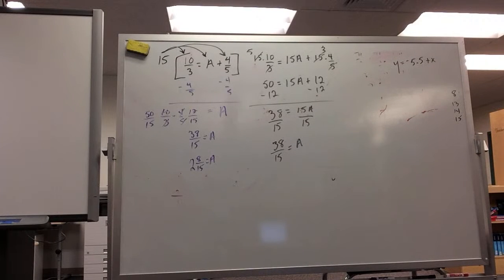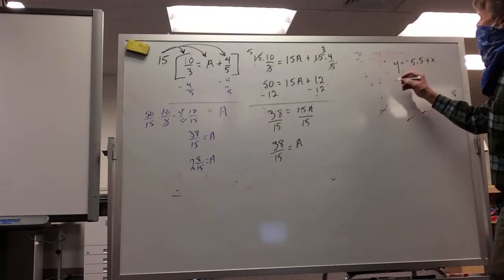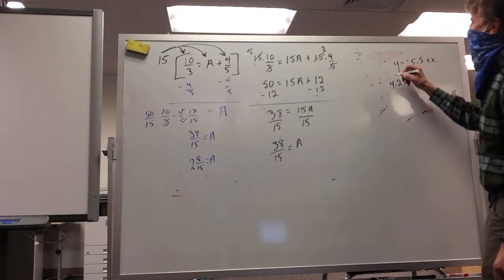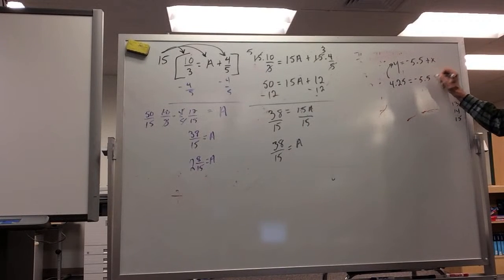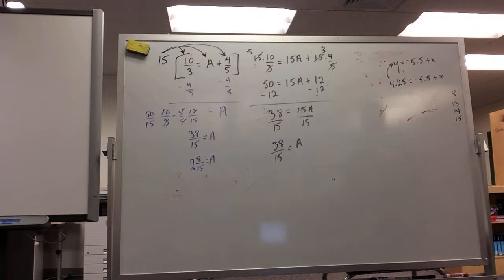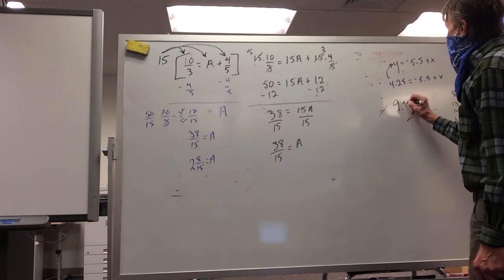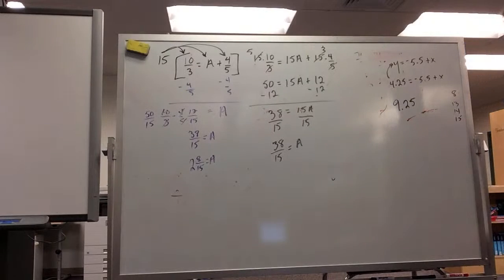So what is the solution? Well, they said 4.25 is the y value. So what you're doing is you're looking in that table where y is equal to 4.25, and next to it, the x value was 9.25. Is that right? Or is it 9.775?